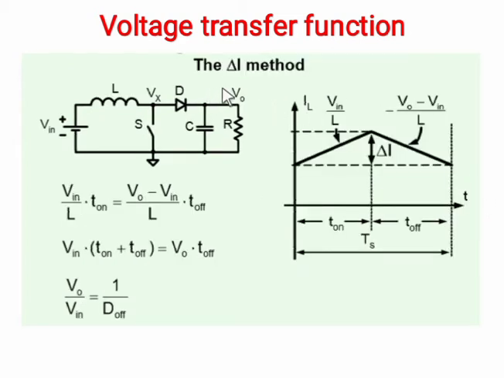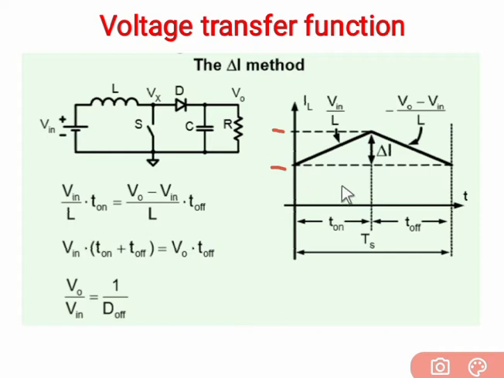And the second method is the delta I method. Delta I is the ripple current in the inductor. So this is the minimum value of inductor current, and this is the peak value of inductor current. The difference between the peak value and this value is known as delta I, which is the ripple current in the inductor.